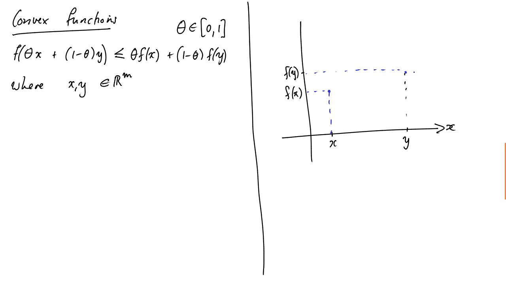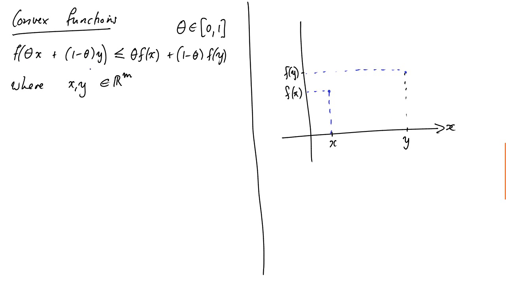Okay, so we could draw these lines here if we really want to. So what does this definition say? Well, if I look at the argument to f here, I've got theta x plus 1 minus theta times y. Now hopefully you'll recognize that as the line segment that joins x to y. In this case it's just a line along here, and in a higher dimensional space, it would just be the line segment joining up the points x and y.